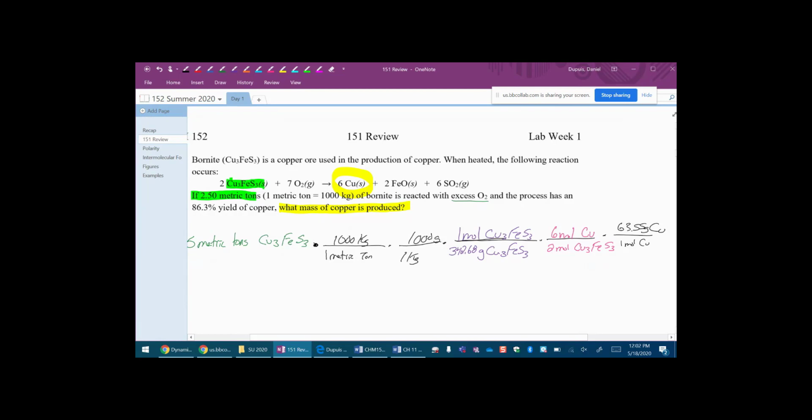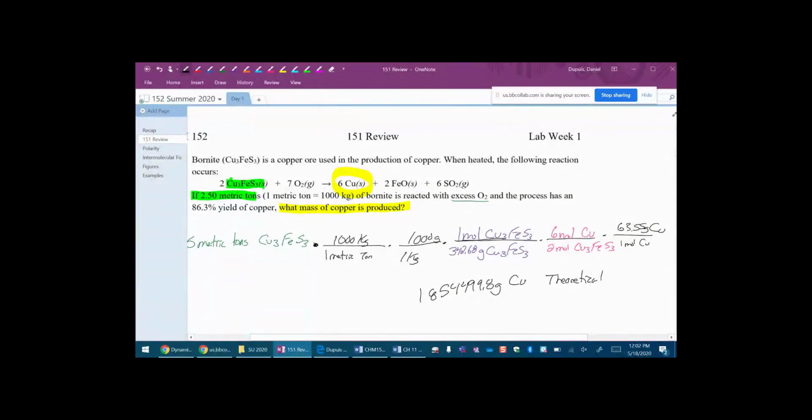I get quite a large number. I got 1854499.8 grams of copper. But that's my theoretical yield.